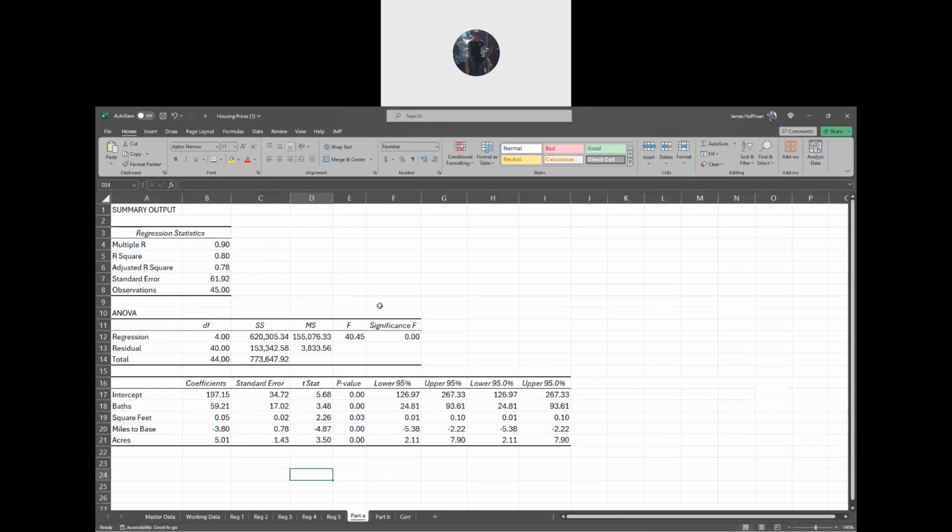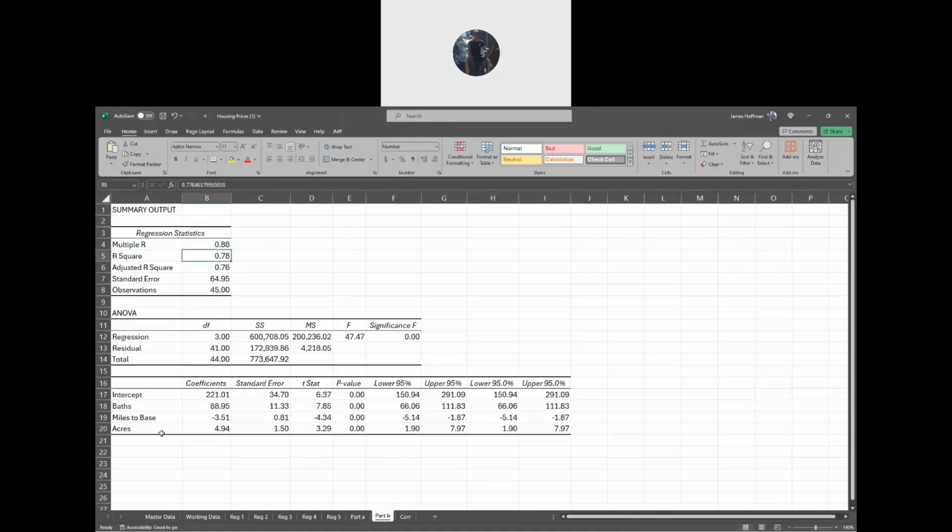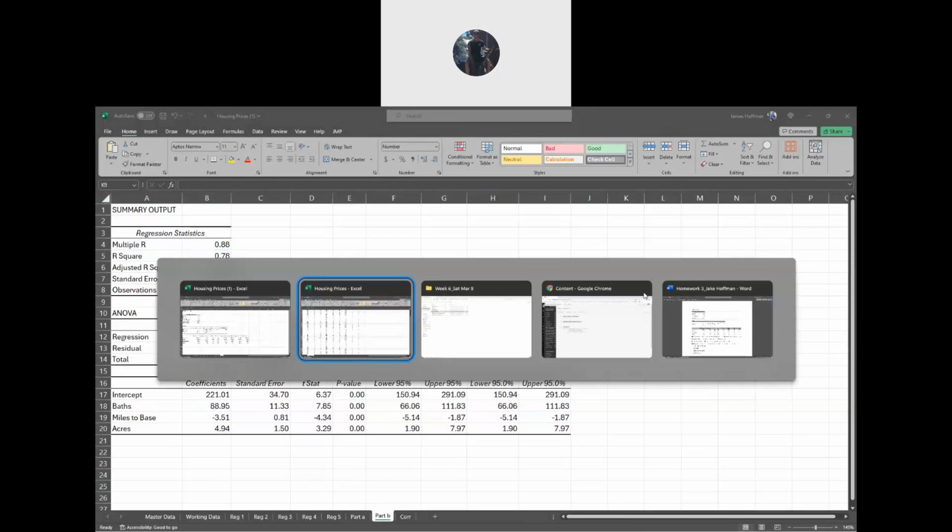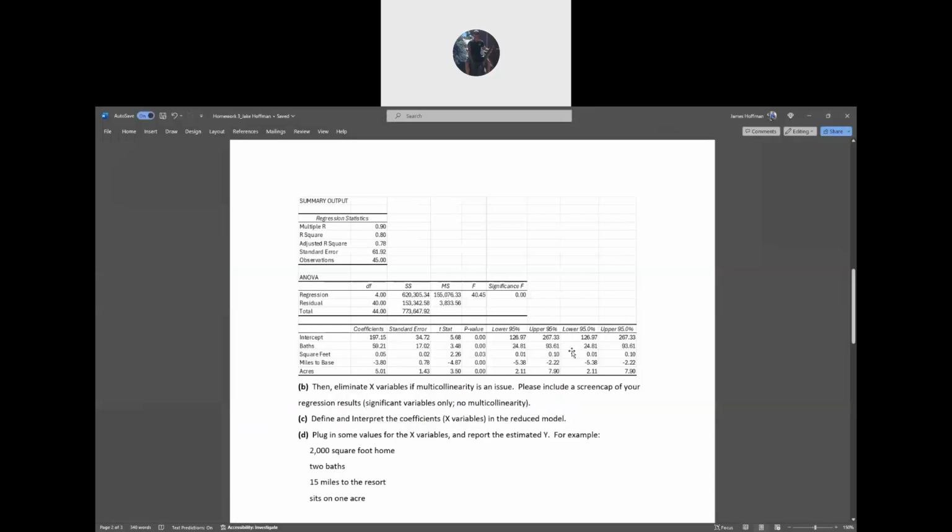That's the trade-off, right? But here's our reduced model from A, and here's our reduced model from B, which now only has Bass, miles to base, and acres. So we eliminate all the multicollinearity.